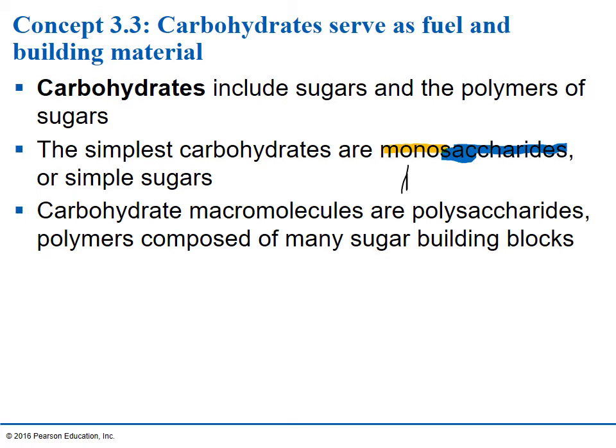It's not saccharide, of course, but the root SACCHAR translates to sugar. So when you see the term monosaccharide, think 1 sugar. And I'm going to write the word sugar underneath so that it is forever there. 1 sugar.